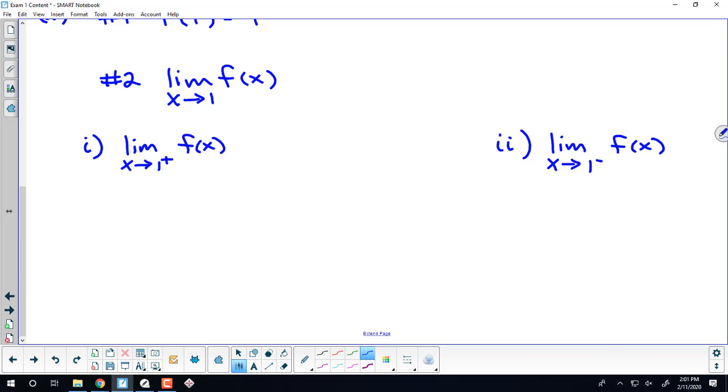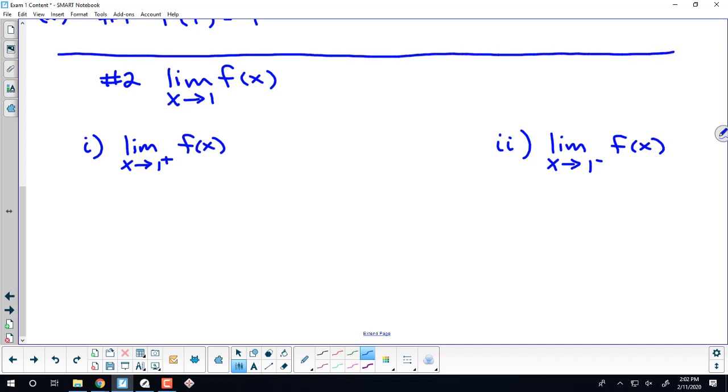So now that we've broken this down in this sense, we need to just keep track of what we're doing, because now we're looking at the limit as x approaches 1 from the right. We're going to be able to say something about continuity from the right once we've computed this limit and compare it to the function value. Same thing over here. For the second part, we're going to be able to say something about left continuity once we compute that limit and compare it to the function value in number 1.